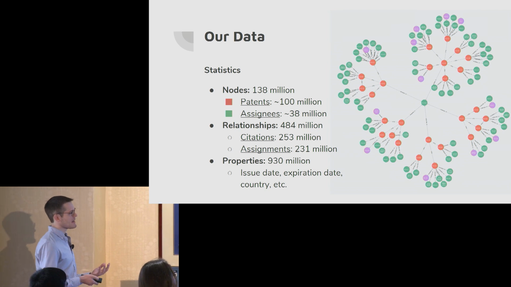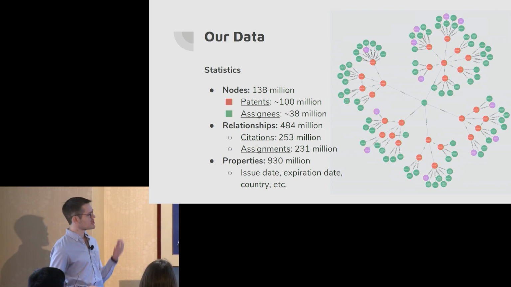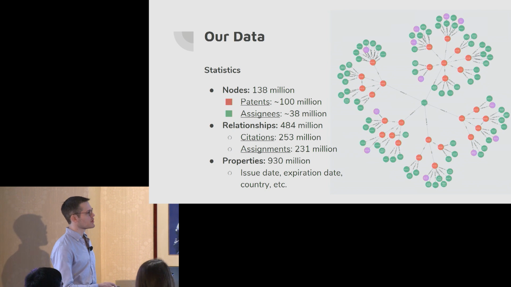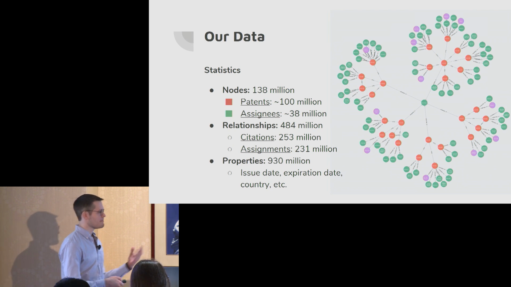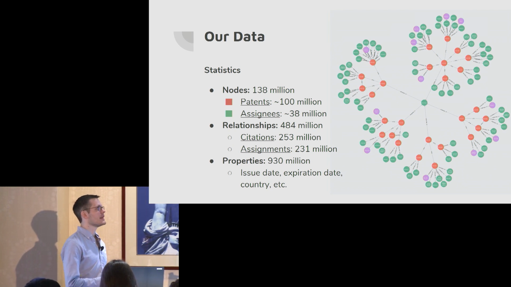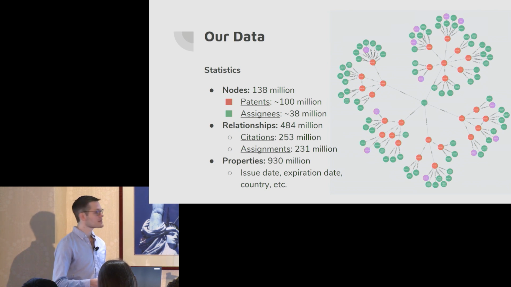The relationships, as I mentioned, there's really 2 main types of relationships: citation relationships, and then an assignment relationship. We'll be taking the patent document and attaching it to an assignee. And then there's citation relationships between all of these patent documents.